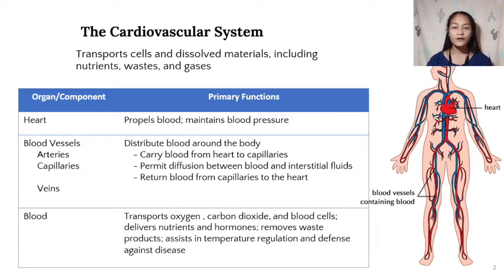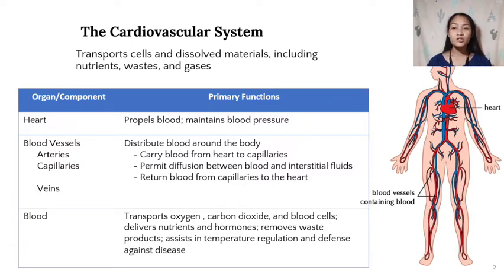Next, we have the blood vessels, whose main function is to distribute blood around the body. They consist of three types with different functions. The arteries, which carry blood from the heart to capillaries. The capillaries, which permit diffusion between blood and interstitial fluids. And the veins, which return blood from capillaries to the heart.